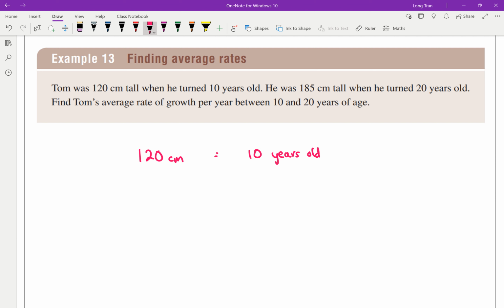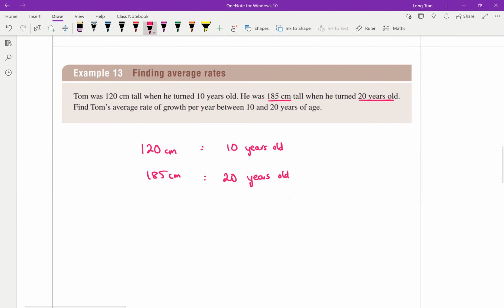Now it says he was 185 centimeters tall when he turned 20 years old. So it seems like 20 years, he was 185 centimeters, right?